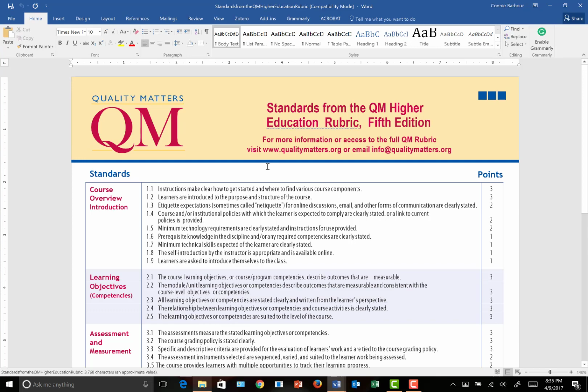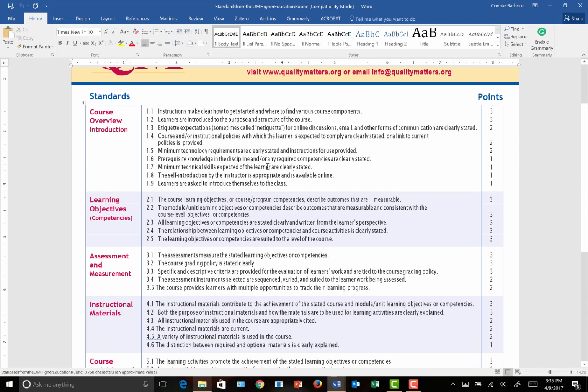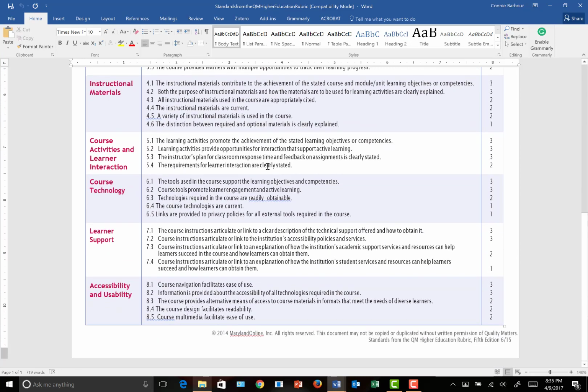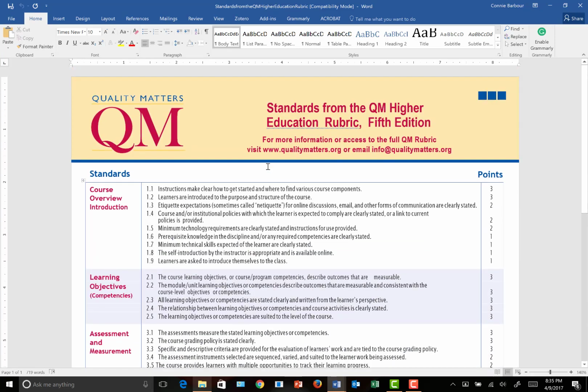If you take a look at this rubric, you're going to see that I pretty much built my rubric directly around this. This is the most recent Quality Matters rubric. And this, like I said in the beginning, is not a formal Quality Matters review, but I wanted you to get familiar with it and the things that they consider important.